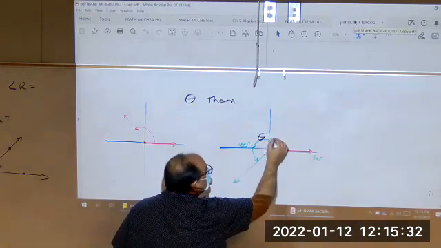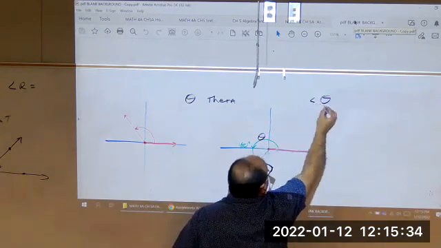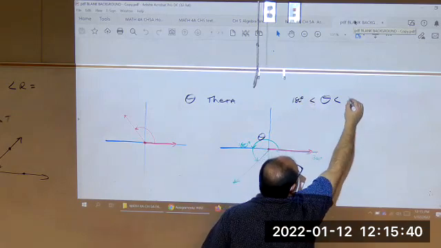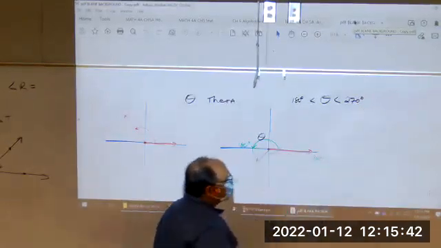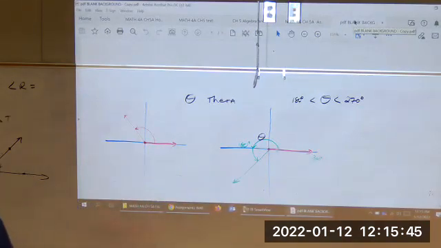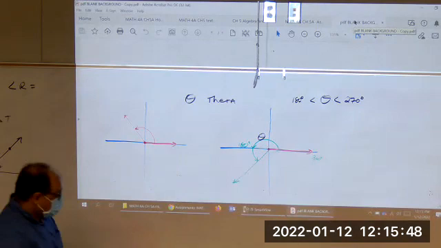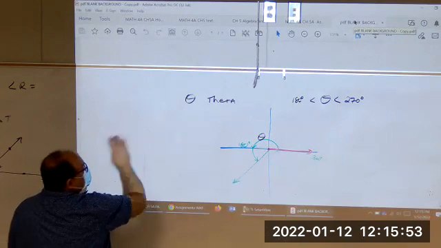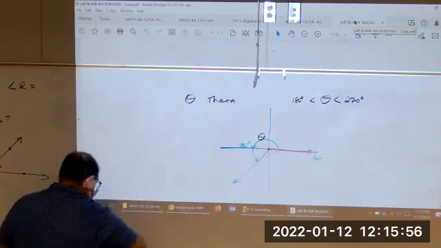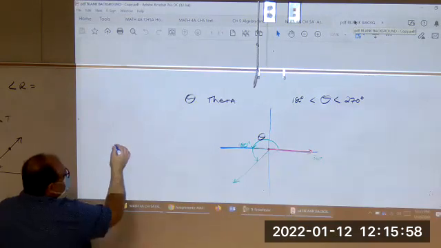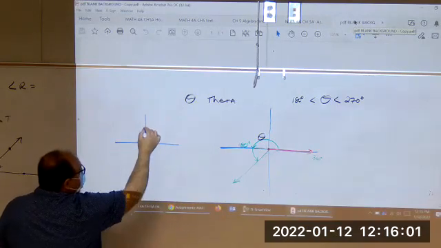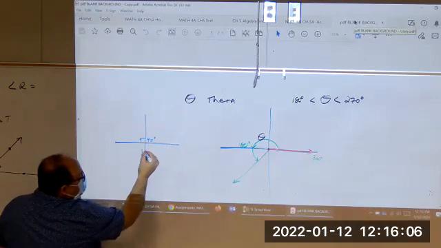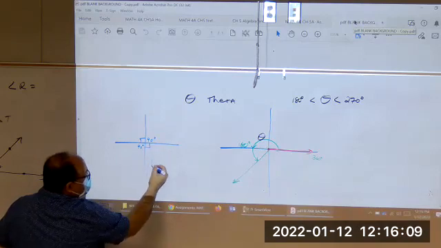We wouldn't pull out the Greek letters because now we're working in the triangle. But this angle theta would have to be bigger than 180 degrees but less than 270 degrees. Now you could say it has to be less than 360, but more specifically, when you look at the 4 quadrants, it's divided into 4 right angles. If the whole circle is 360, then here's 90 degrees, that's a right angle, another 90, another 90, and another 90.